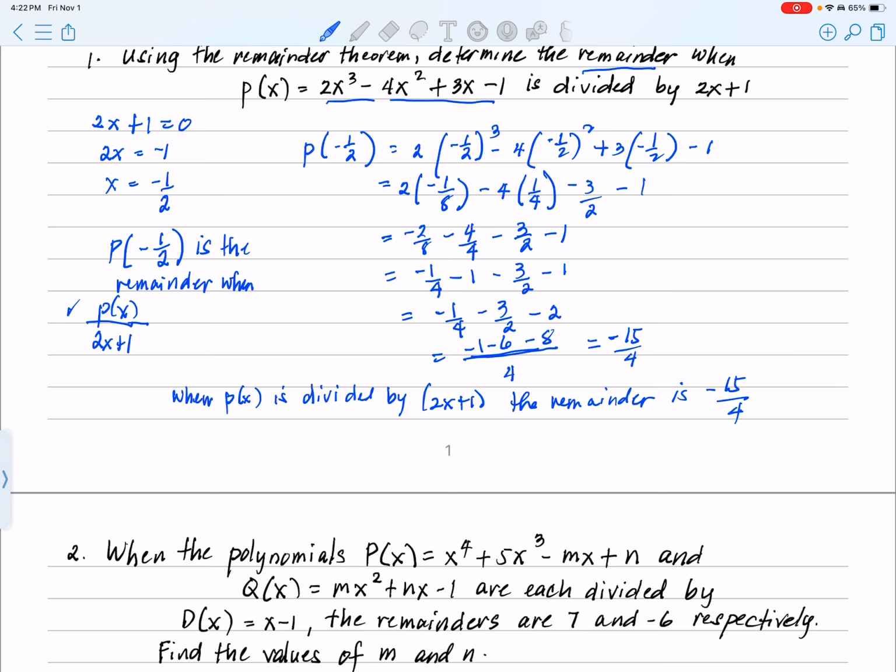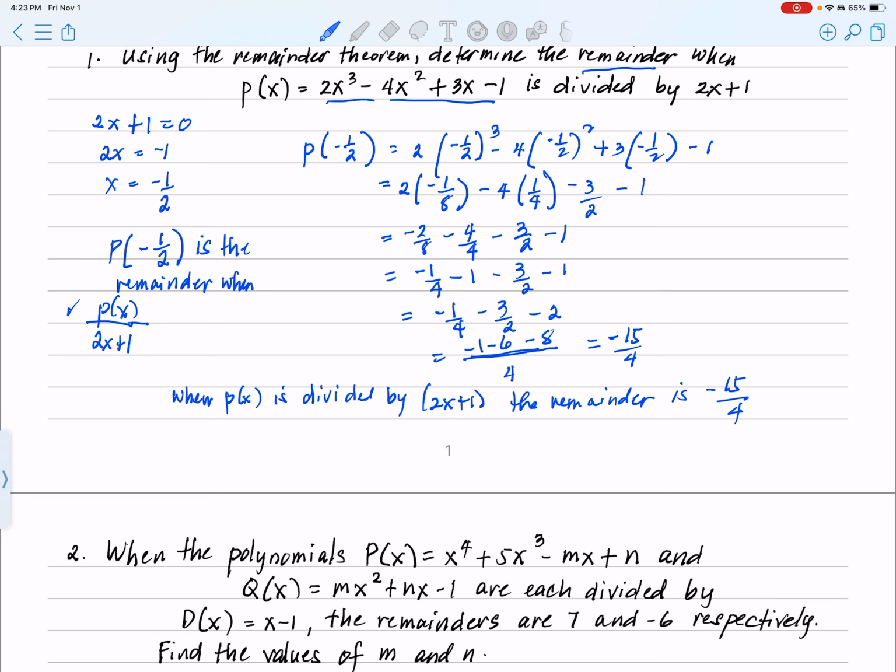That's it, without using long division. So you can find the remainder by equating the divisor to 0 and getting the value of x. After that, replace that value in the polynomial, and then you will get the remainder.